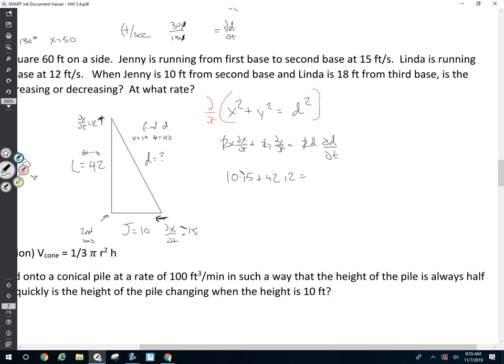Just use the Pythagorean theorem. 10 squared plus 42 squared is 1864. The square root of that is 43.174. That's the first time we don't have a nice number. You'll be able to use your calculator for this question. And if there are any questions on your quiz that you need to use your calculator for, I'll let you.